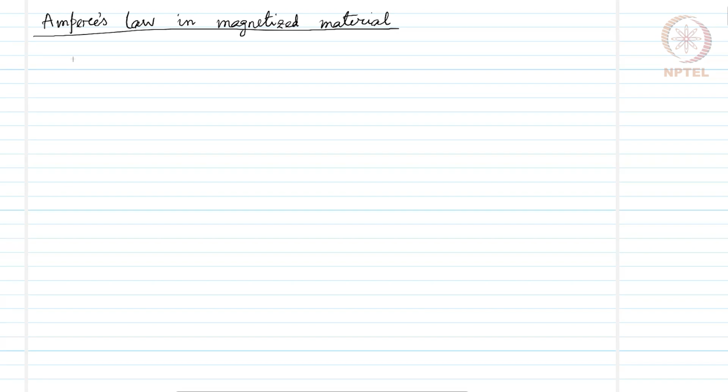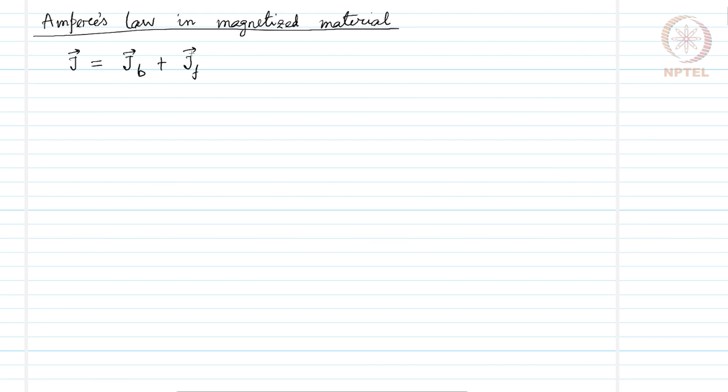Now, let us consider Ampere's law in the context of magnetized materials. The total current becomes the bound current plus, if there is any, free current.